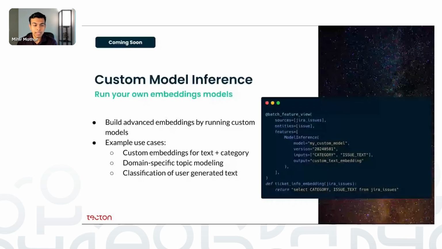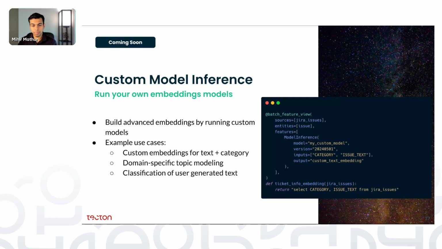Another thing I want to highlight is something that's coming soon within the next couple of months, which is custom model inference. So we have heard from our customers that they want to bring their own embeddings model, especially the teams that are more on the level 3 and 4 stage. They have use cases where their models can outperform any open source models, or they just have input types which open source models are incompatible with.